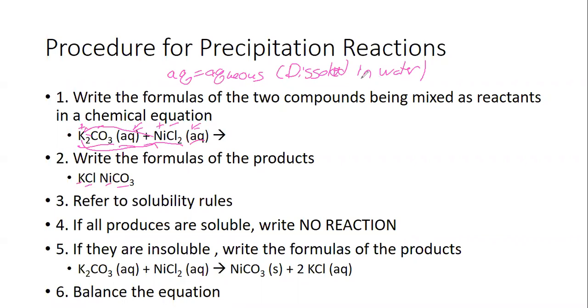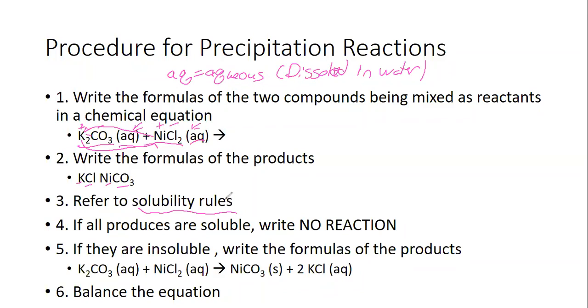All right. So after you write the formulas of the products, then you want to look at our solubility rules, our table. And like I said, I'll give you this table on the test, on the sheet I'll provide that you have to download. So you'll have the solubility rules in front of you when you take this test, test 2. All I ask is that you know how to read that table, and we'll get some more practice for that today.